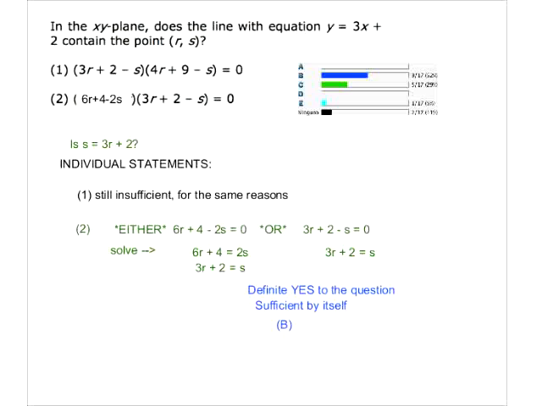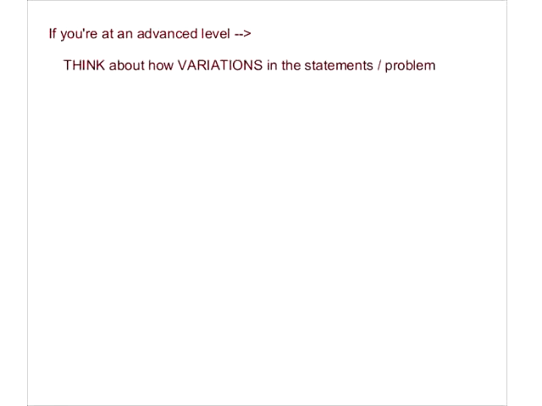We don't have any time to go over any more problems today, but I do want to show you what I mean by that. If you're at a pretty advanced level with this stuff, like if you got all of today's problems right, think about how variations in the statement or the problem will affect the answer.